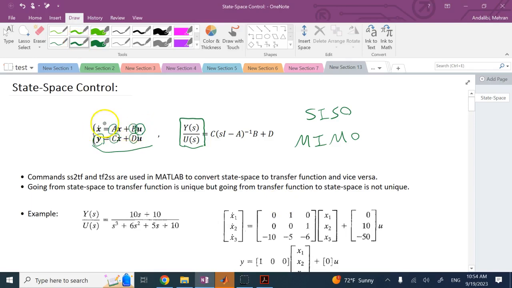B is called the input matrix, which shows the input effects on the dynamics of the system. C is the output matrix, which shows the relation between the states and the output, and D is called the feed-forward matrix, which shows the direct relation between U and Y, input and output.